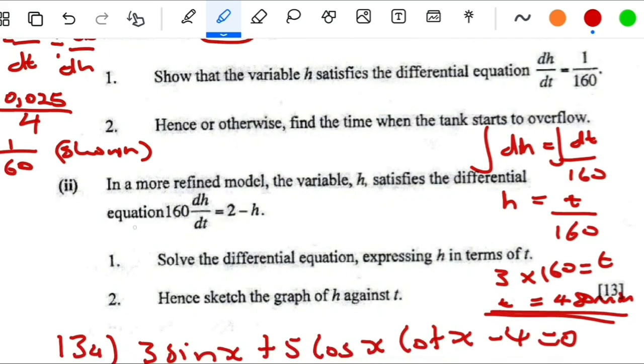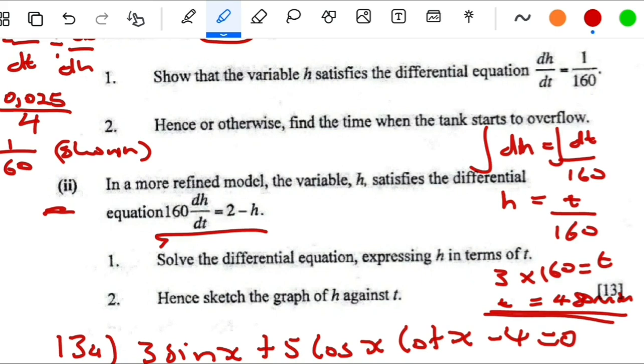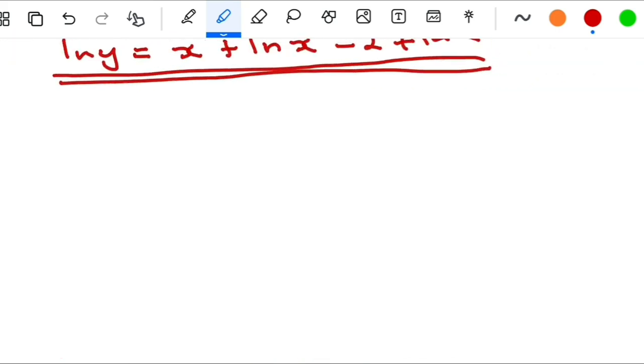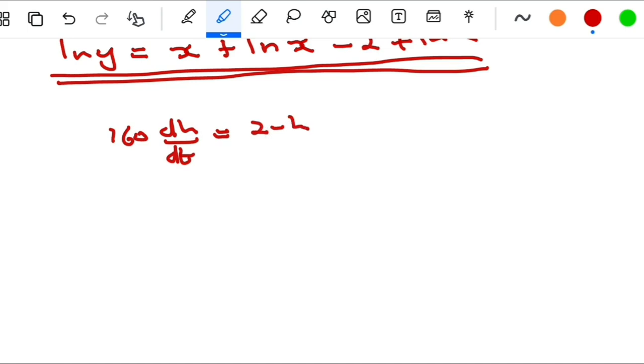Okay, then now we are on item 2, which says in a more refined model, the variable h satisfies the differential equation. Solve the differential equation, expressing h in terms of t. So the differential equation is given as 160 dh over dt equals 2 minus h. So let's solve that one.